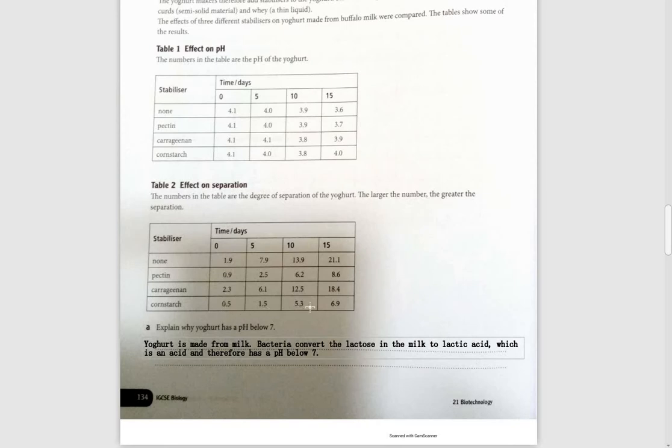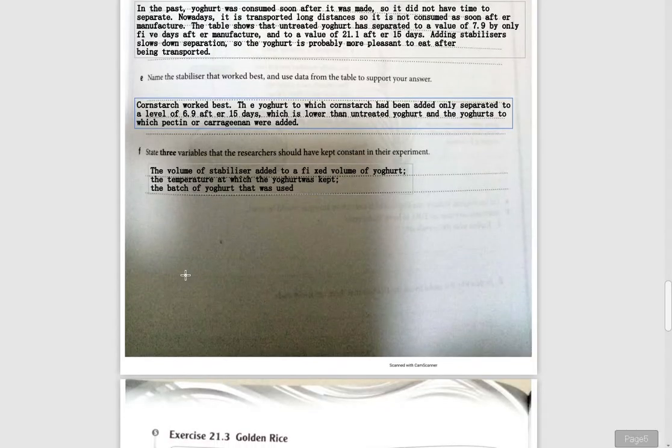So the smaller the difference between the numbers on day 0, day 5, day 10, day 15, meaning the lesser the separation, the better the stabilizer compared to this stabilizer and this.